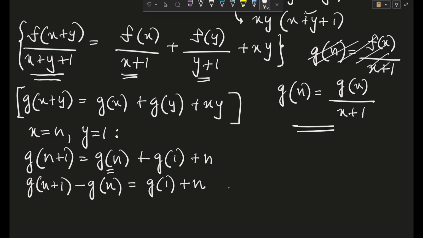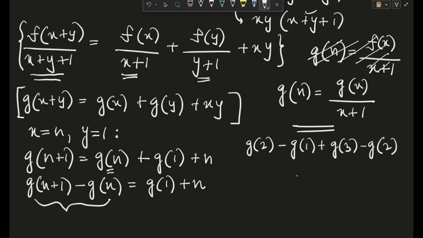After this I can see something here. What we can see is this thing, g of (n plus 1) minus g of n. If you remember our telescoping series, the different series in which we have things like this, say g of 2 minus g of 1, plus g of 3 minus g of 2, and this goes up till g of n minus g of (n minus 1).